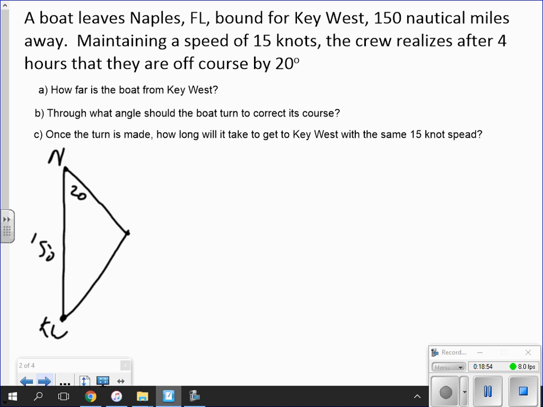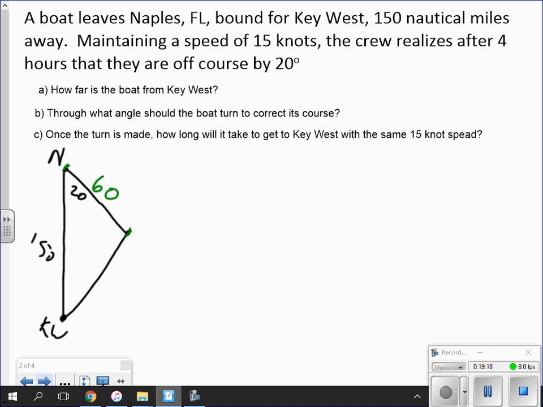First of all, we've got to figure out our distance from Key West. But how far have they actually already traveled? How far have they gone from here to here? 4 hours at how fast? 15 knots. 4 times 15 is 60. So they've gone 60 nautical miles.